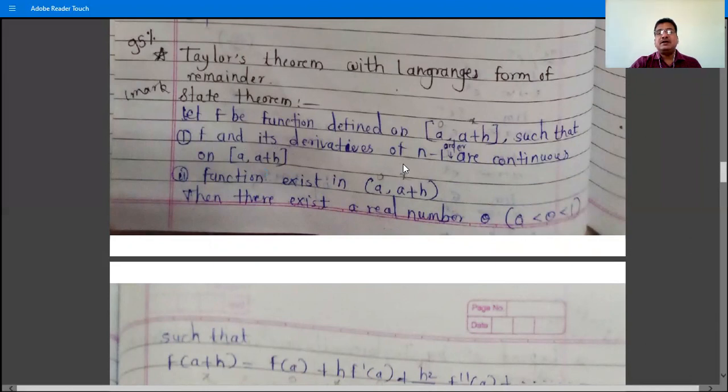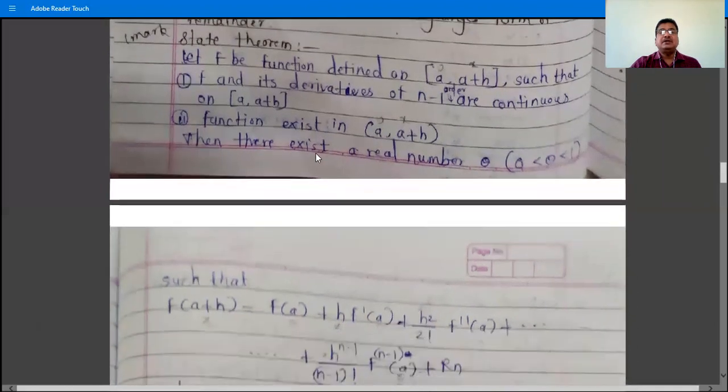f and its derivatives of order n minus 1 are continuous on the closed interval [a, a plus h], and the nth derivative exists in the open interval (a, a plus h).